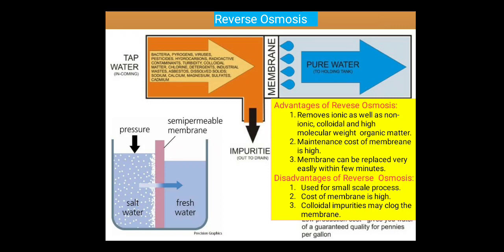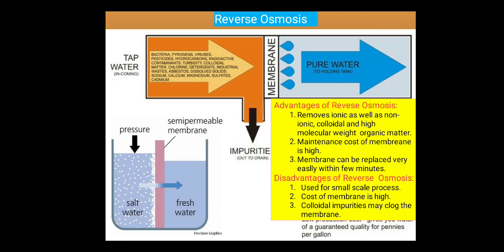So what are the advantages of this process? It removes ionic as well as non-ionic, colloidal and high molecular weight organic matter. Maintenance cost of this membrane is high. The membrane can be replaced very easily within a few minutes, but the cost required for changing the membrane is high.